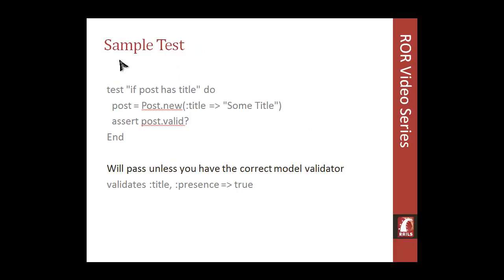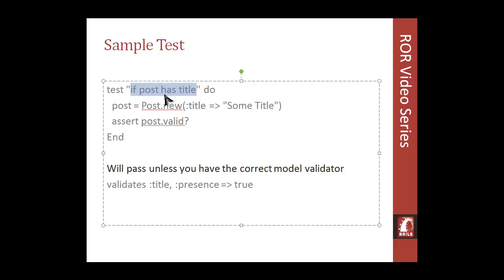A simple sample test would be to test if the post has a title. We can create a new post with this line here. You'll see we have some title, so we use the assertion to see if the post is valid, and it's going to pass no matter what, unless you have this inside your post model.